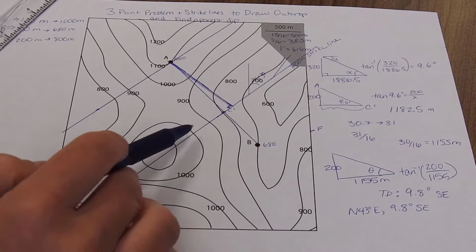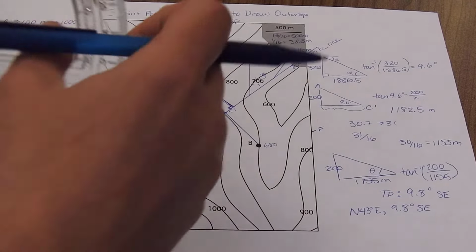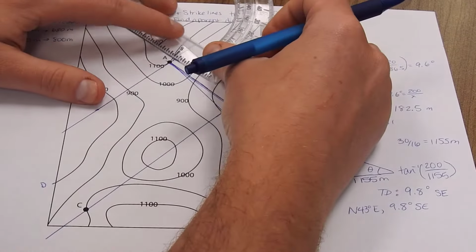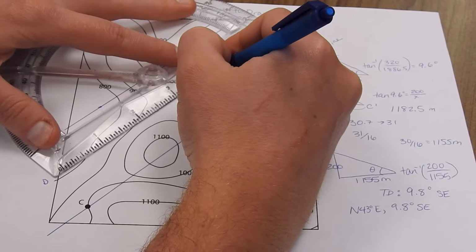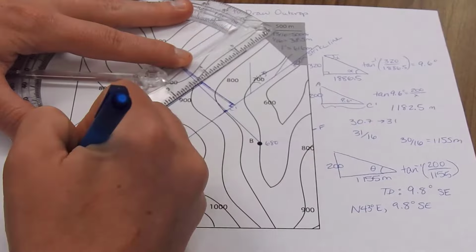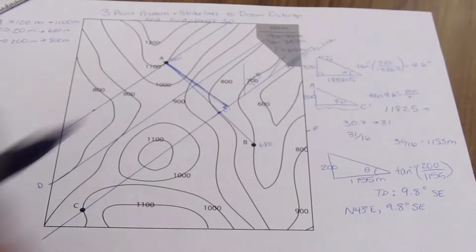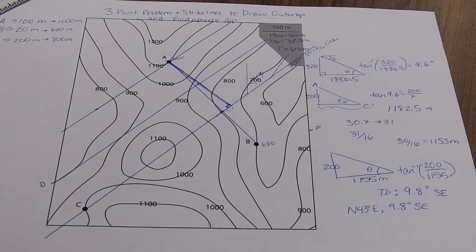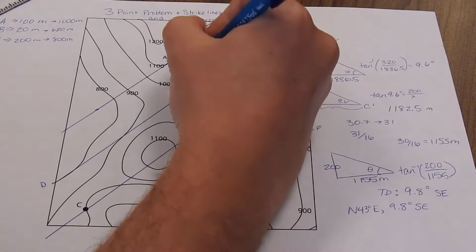All right, and then I'm going to go right in between these two and draw the 900 strike line. Now, everywhere where that 900 meter strike line intersects 900 meters in elevation, that's where that rock would outcrop.